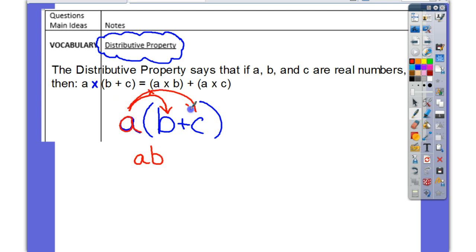What is A times C? AC. And this is a positive. A positive, is it a plus AC or a minus AC? Plus. Plus AC. All right, and so that's basically the same thing here. This is AB, A times B. That's the same as AB and AC. So that's doing the distributive property, just multiplying this outside number or variable times both terms on the inside.